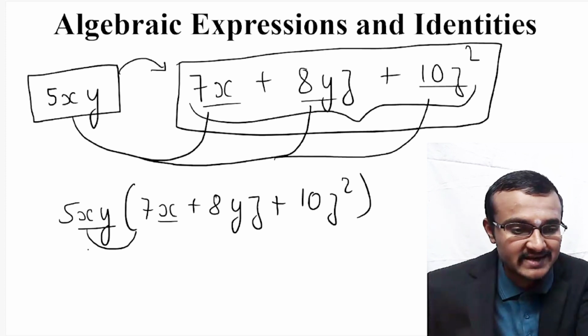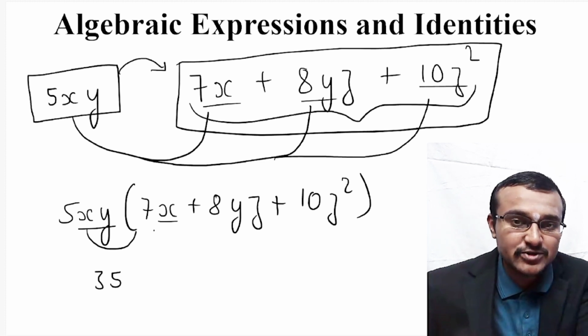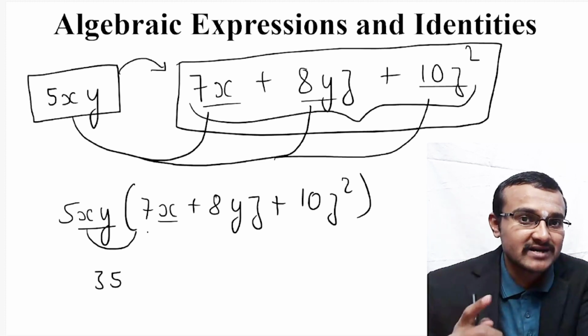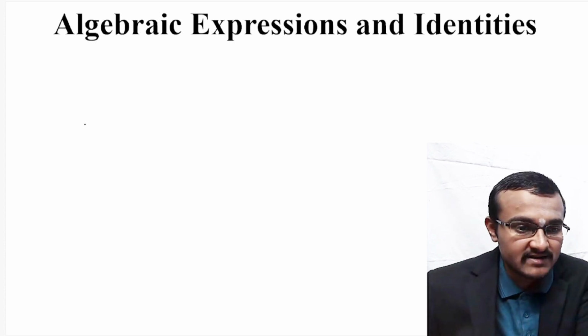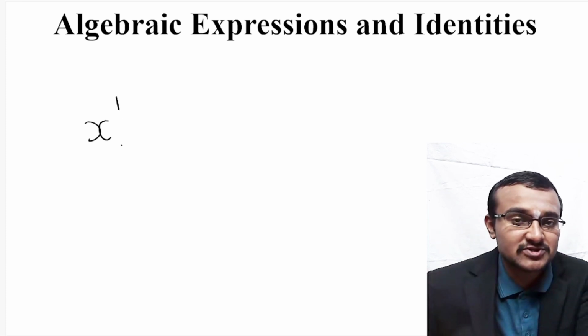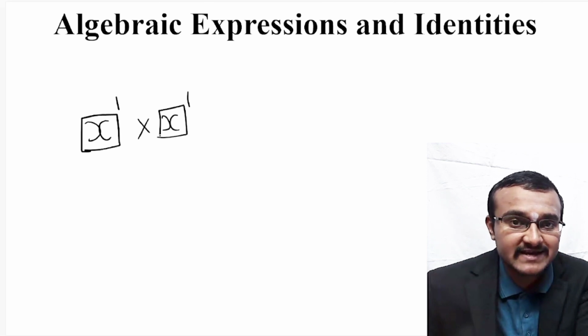So here you can directly multiply 5 with 7. 7 5s are 35. So 5 into 7 is 35. xy into x will be x into x. x into x is x power 1 into x power 1. This also I have explained in my previous video, where this x is the base and this 1 is the power of this x. When you are multiplying x power 1 into x power 1, you are multiplying this x with this x.